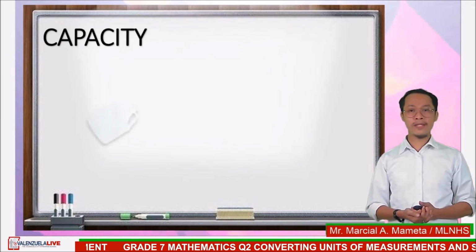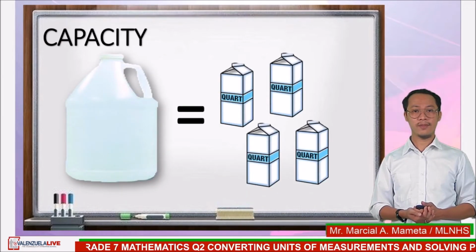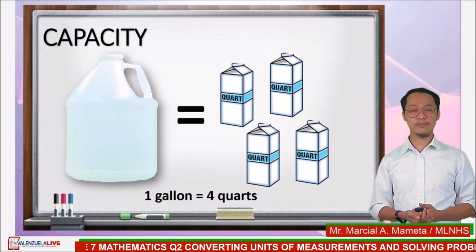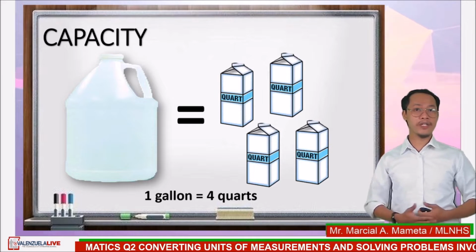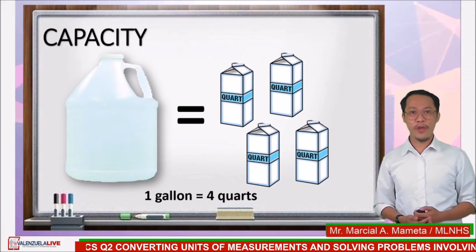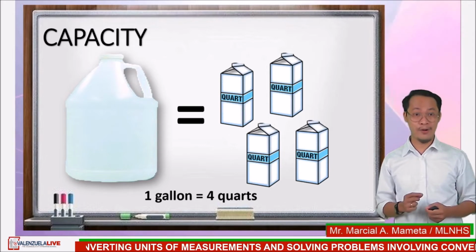And 1 gallon is equal to 4 quarts. These units of measurement are usually used, for example, in the hardware. When you buy paint, they have pints, quarts, and gallons.